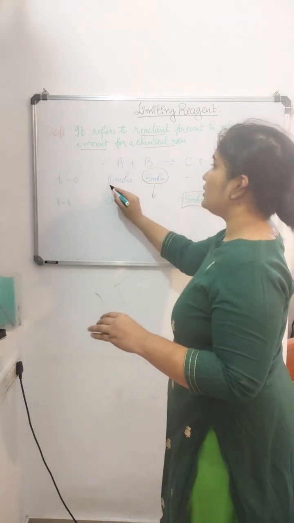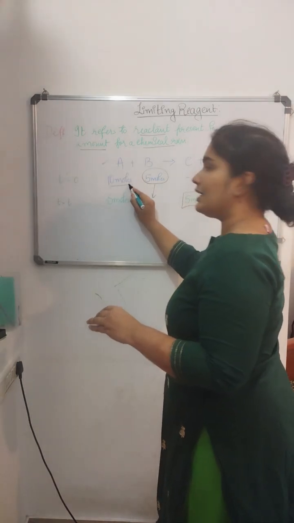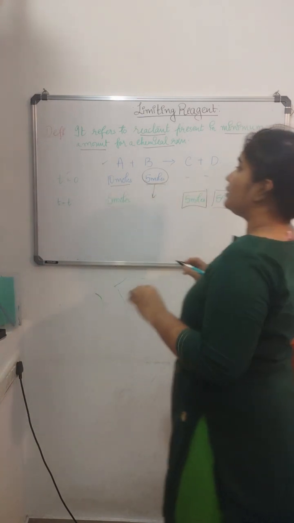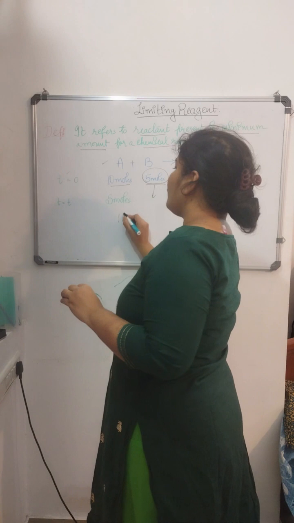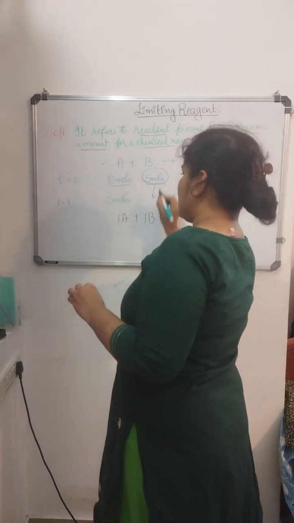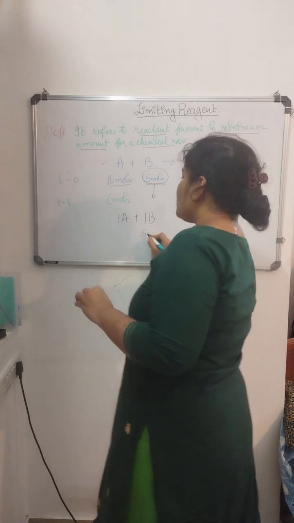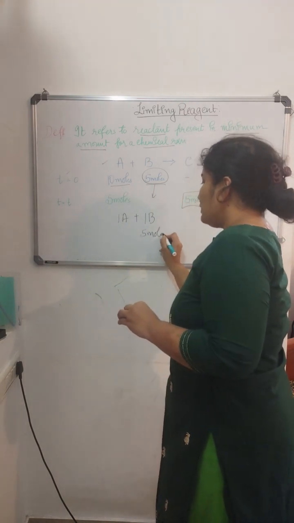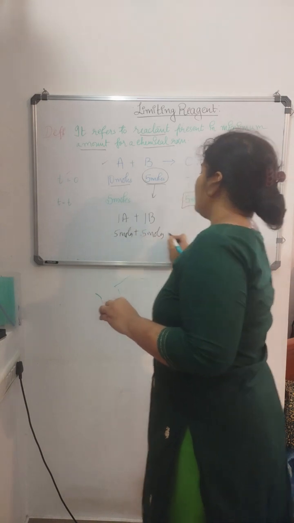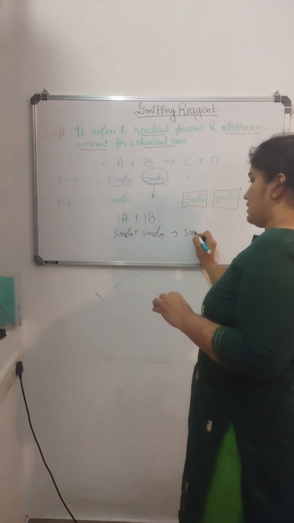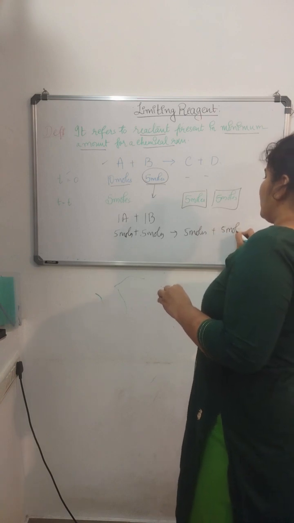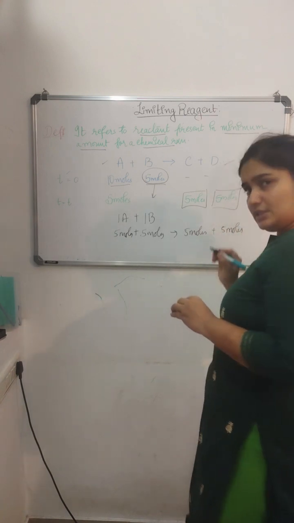So you can see here A was 10 moles and B was 5 moles. If you see this stoichiometrically also, 1 mole of A requires 1 mole of B. In the same way, if there are 5 moles of B, it will just require 5 moles of A to give 5 moles of C as well as 5 moles of D. Stoichiometrically, according to the equation, this is true.